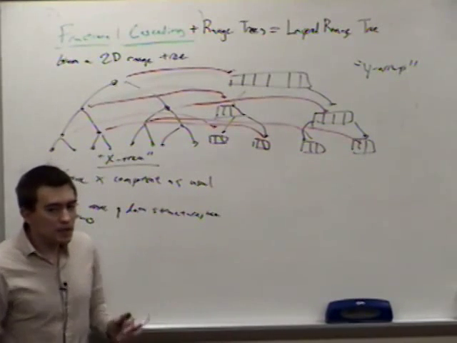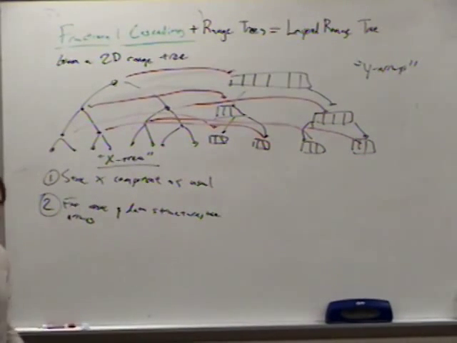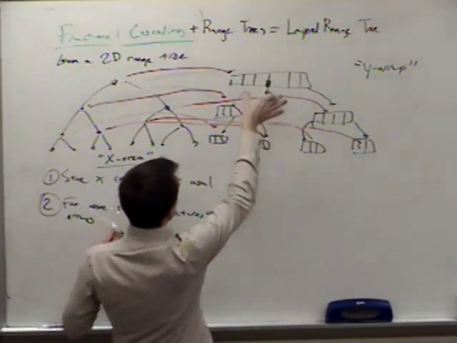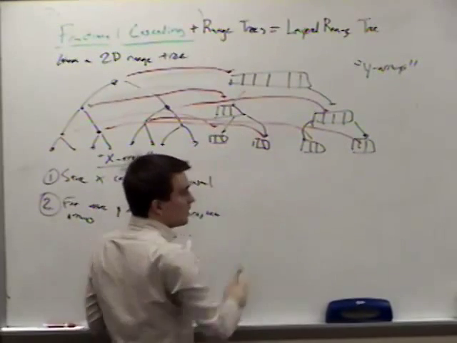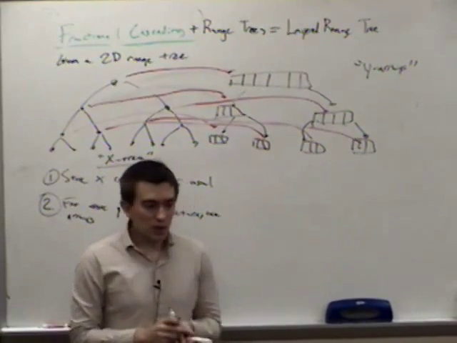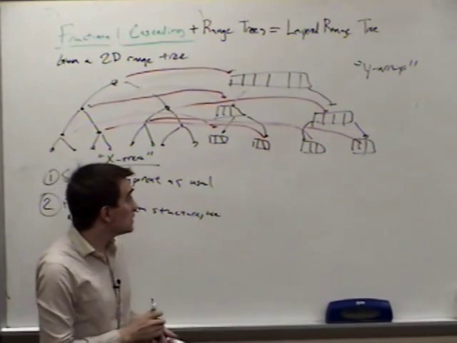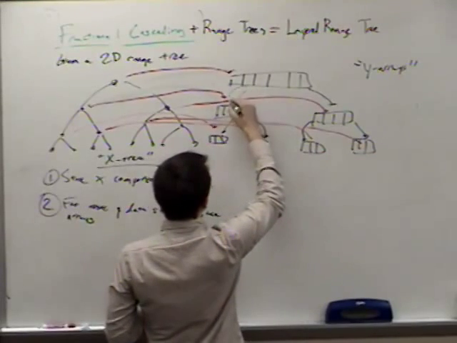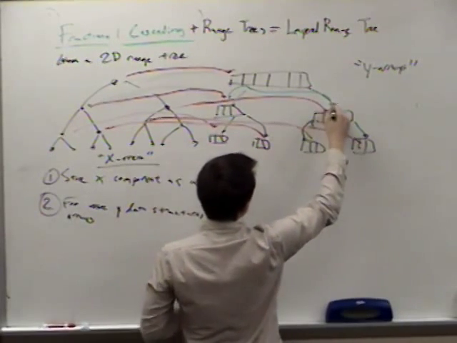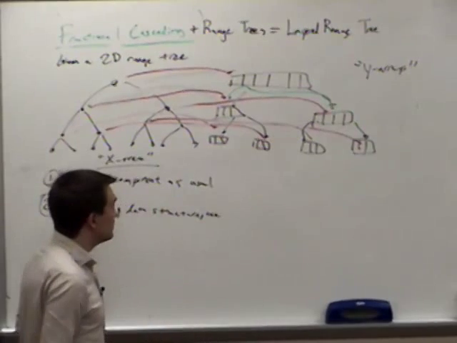Well, this is exactly the problem that we had to deal with in fractional cascading. We have our initial Y range search here, and then we have to propagate it down here. So what we're going to do is store a pair of cascades for each of these levels of the Y range tree. Each of these nodes is going to have a pointer here and a pointer here to wherever it ends up in each subtree.